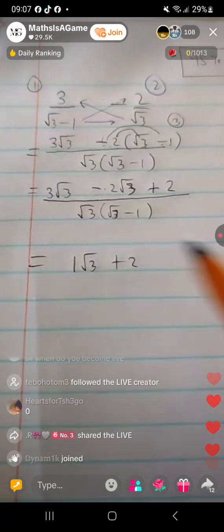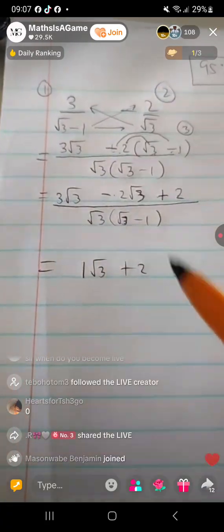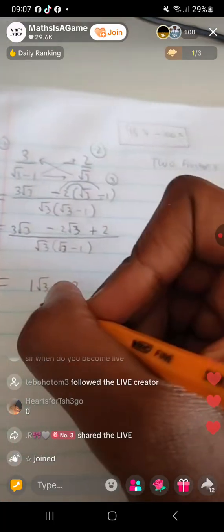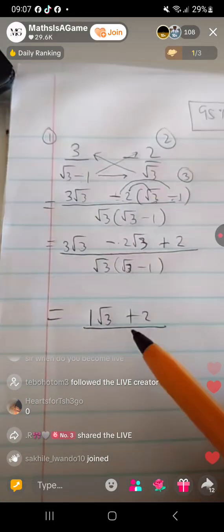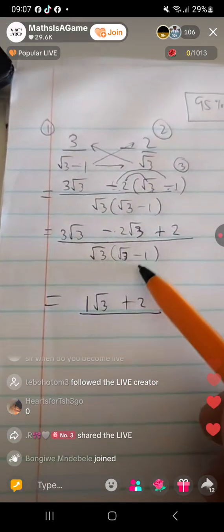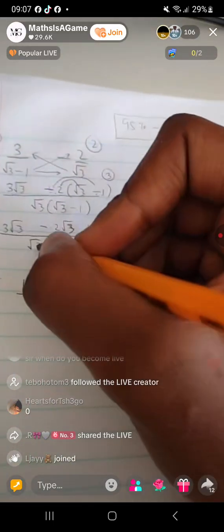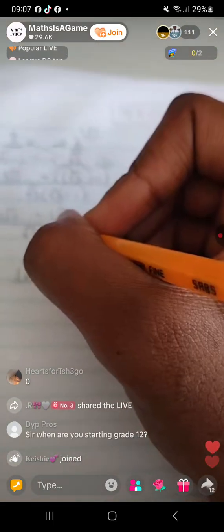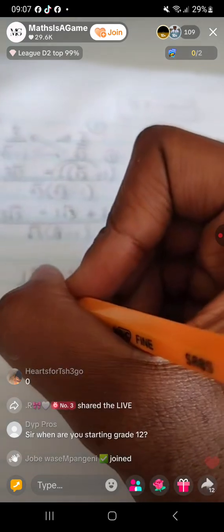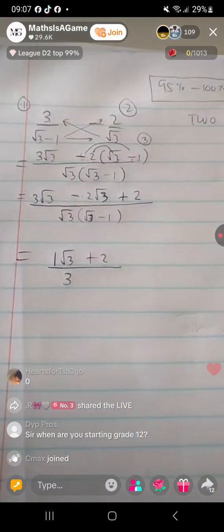Then we can see here, in the denominator, there's nothing that can be done as far as cancelling. We thought maybe there was something common and the same, but it seems like there isn't. So in the denominator, let's distribute. Root 3 times root 3, we get 3.